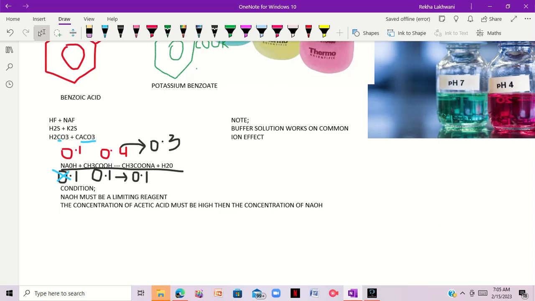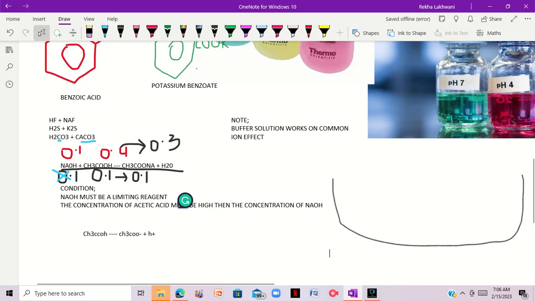Now what will happen, this acetic acid, the concentration which is remaining, will break down in the presence of water, and it will form CH3COO minus, plus the hydrogen ion will be formed right over here. Now let's take a container, and let's put these things into this.